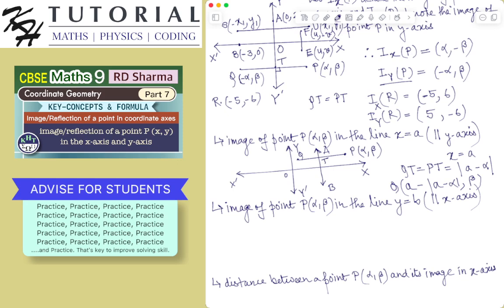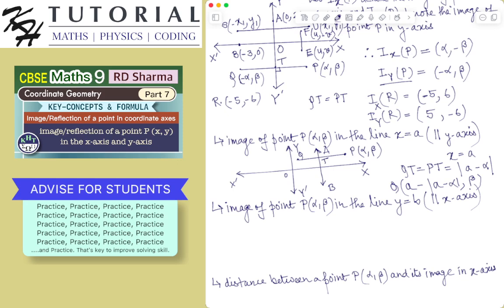In this scenario, the way I have drawn the line AB and the point P, I could have also written that the distance of point P from the line AB is alpha minus A. But in general, it will be the absolute value of A minus alpha, that is, the absolute value of the difference of the abscissa of the point P and the distance of the line AB from the y-axis.